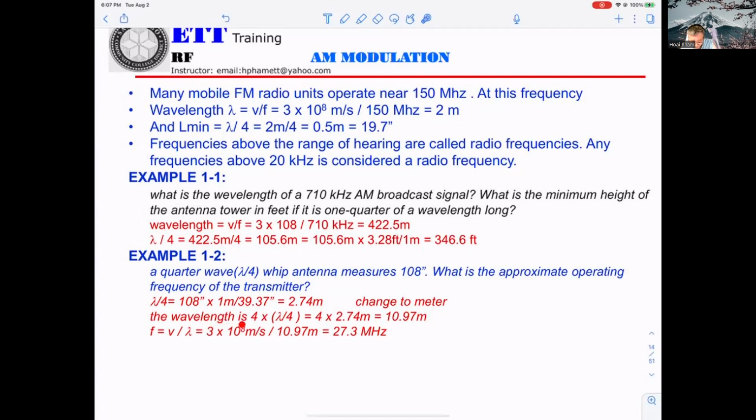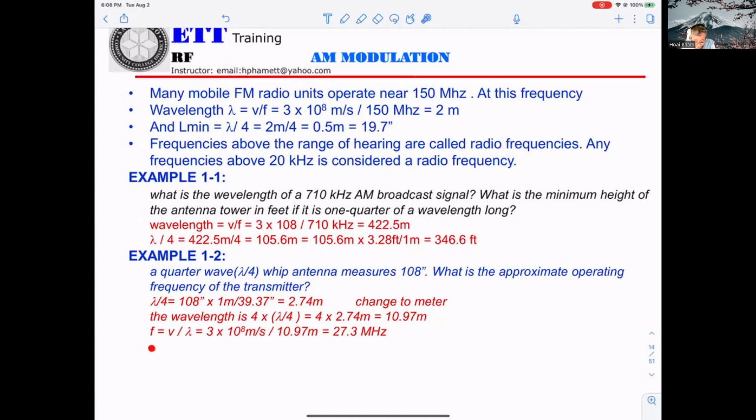The wavelength is 4 times lambda divided by 4. Okay. So 4 times 2.74 right here, you get 10.97 meters.